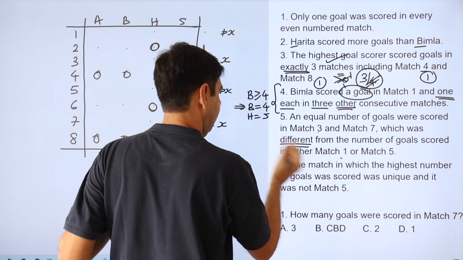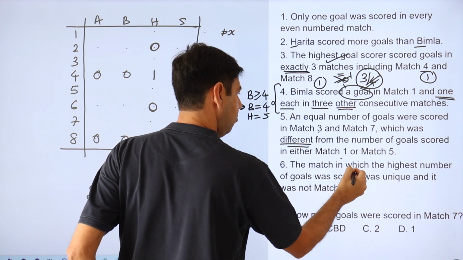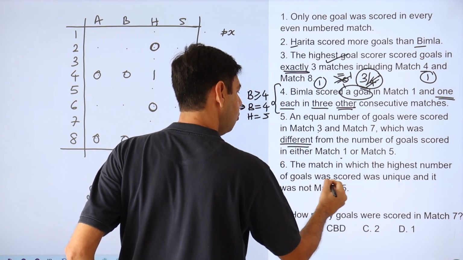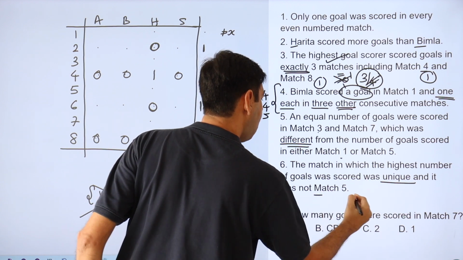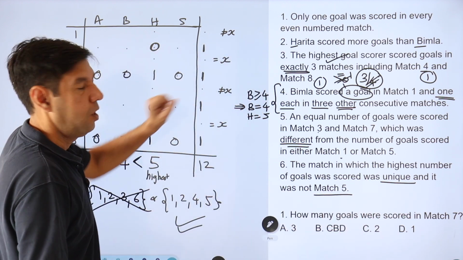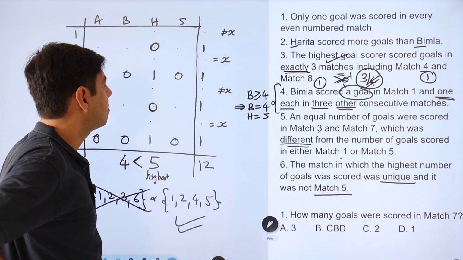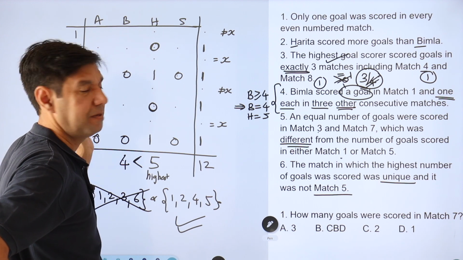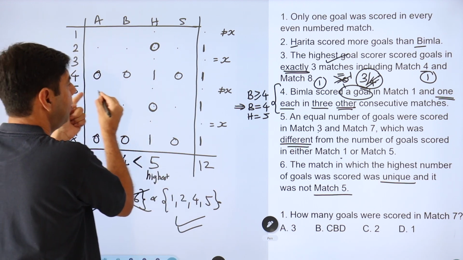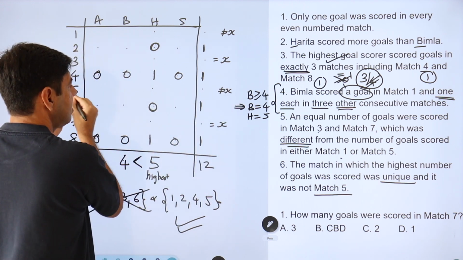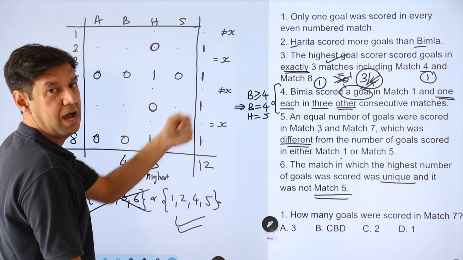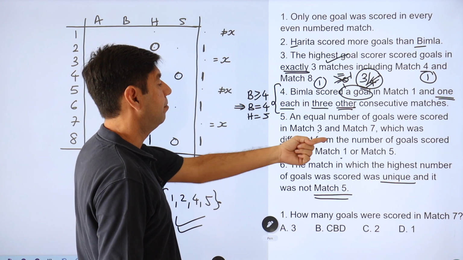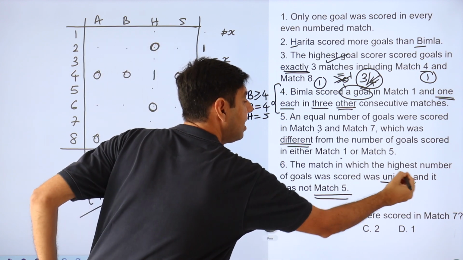Now the match in which the highest number of goals was scored was unique, and it was not match 5. Okay, so in fact, students, it becomes pretty easy now. This is not the highest. It's directly given. The highest is scored in a unique match.